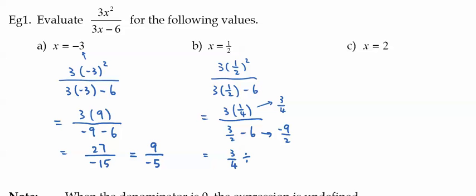So when you try to divide 3/4 by this number, it will be the same as multiplying by its reciprocal. Instead of having 3 over 4 divided by negative 9 over 2, I can turn this into a multiplication and take the reciprocal here.